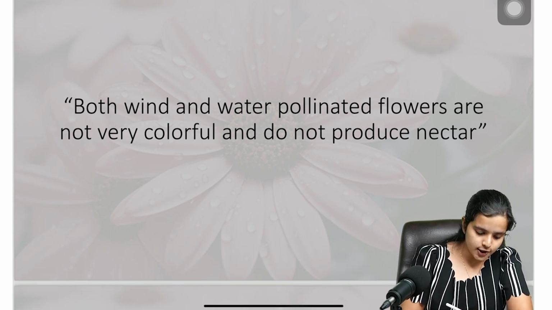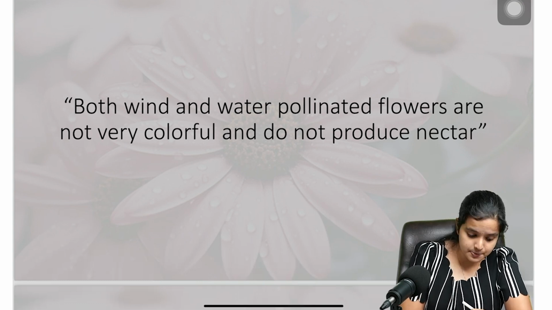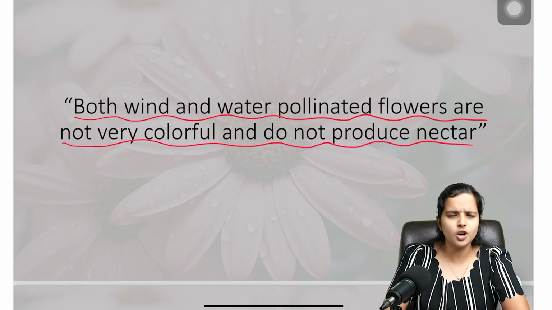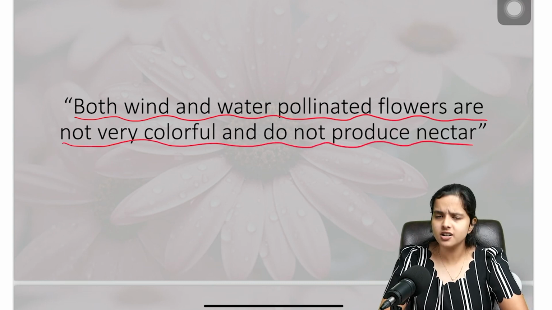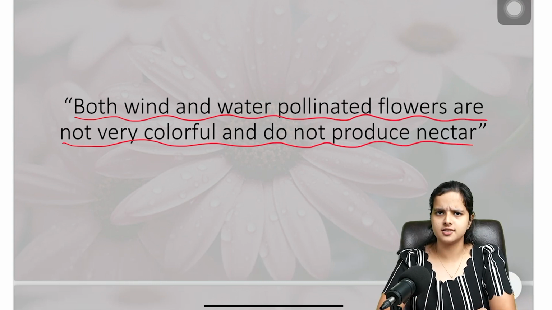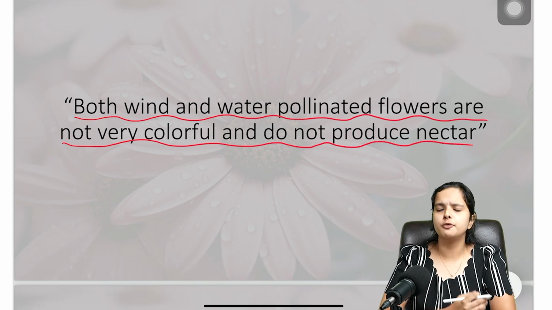Now over here you have a statement. What does the statement say? The statement says that both wind and water pollinated flowers are not very colorful, and they do not produce nectar. Why would you think it is so? Just imagine, why would you need nectar and colorful flowers?